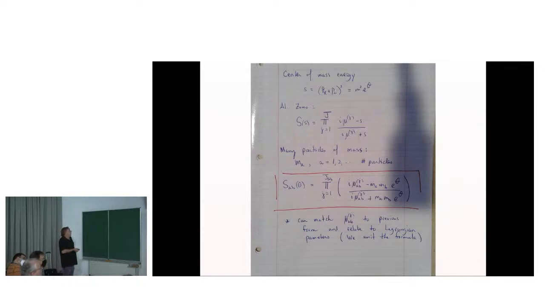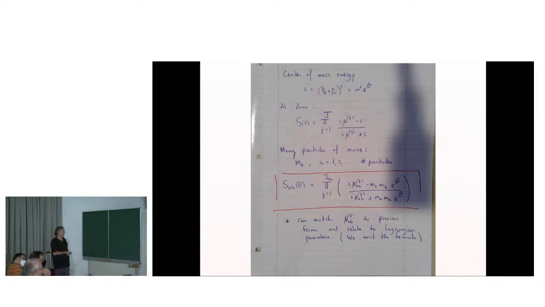Now, if there are many particles, it's quite straightforward to see what the generalization is. It looks like this. How the masses appear here is such that you can check that if this is pure T T bar, only the lowest one, then this reproduces the results of the Burgers differential equation, et cetera.